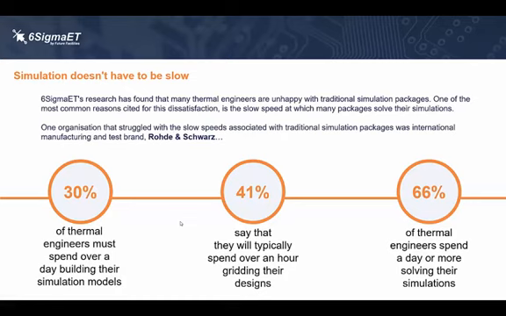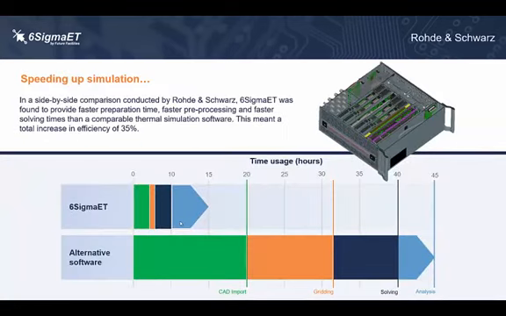Well, one organisation that struggled with slow speeds was Rohde & Schwarz, who primarily make test equipment. I'm going to talk you through their evaluation of 6SigmaET and how it has affected their process.